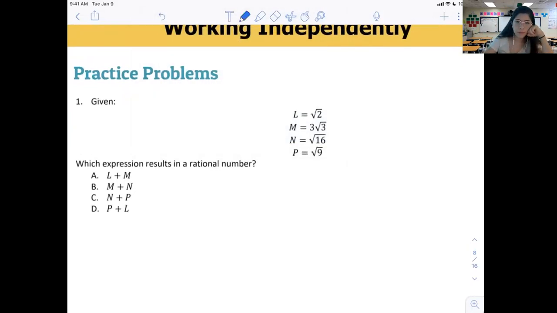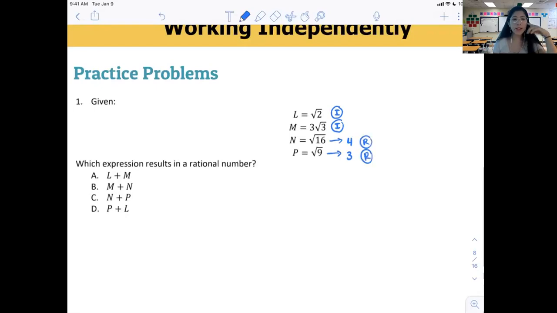Irrational is M. Irrational is L. And the rest are rational. Good. And how do we know that the square root of 16 and the square root of 9 are in fact rational? Because the square root of 16 is 4 and the square root of 9 is 3. Good. So both of these are rational.